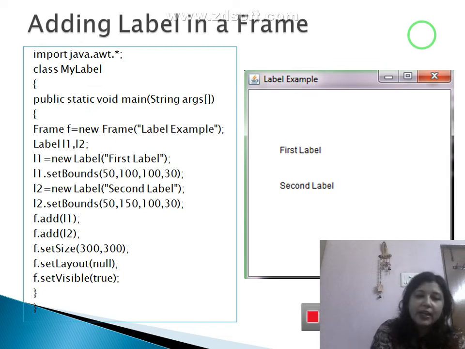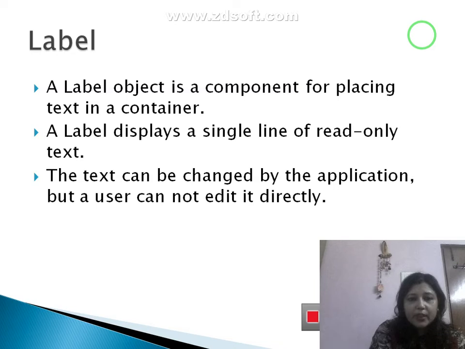Here also it is the same: f.add(L1) adds the first label, where the string shown is also the first label. Already we know that the label displays a single line of read-only text. Why is it read-only? Because the text can be changed by the application, but a user cannot edit it directly.